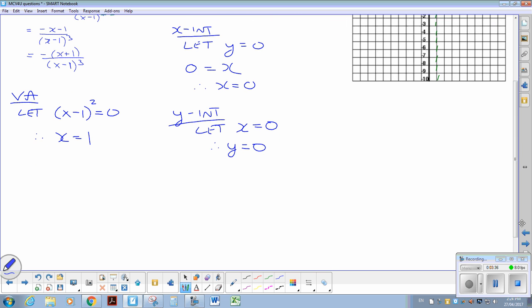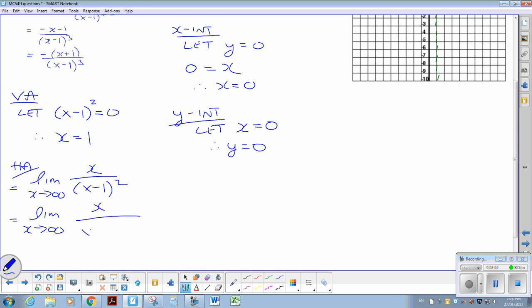Next, I take care of my horizontal asymptote. So when we let x go to infinity, I'm going to have to do that expansion on the bottom. So it equals the limit as x approaches infinity of x over x squared minus 2x plus 1. To do this, we divide by the largest power. So I'm going to divide everything by x squared, as we did in Unit 3.